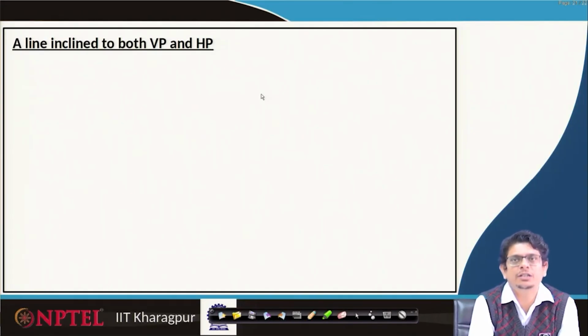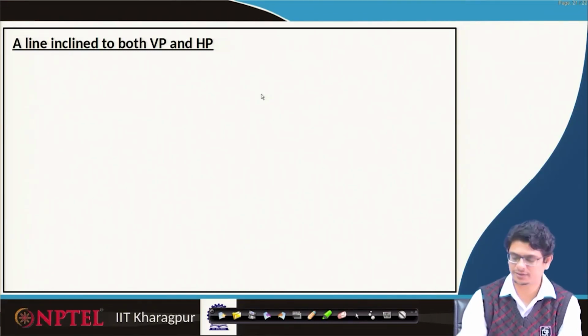The second question, knowing projections and constructing the true length, always involves a slight complication compared to the case where we know the true length and inclination angles, so that we can construct projections. Both cases we will try to look at in today's class. Let us begin.